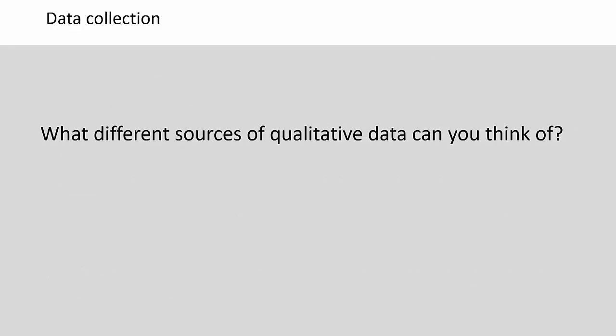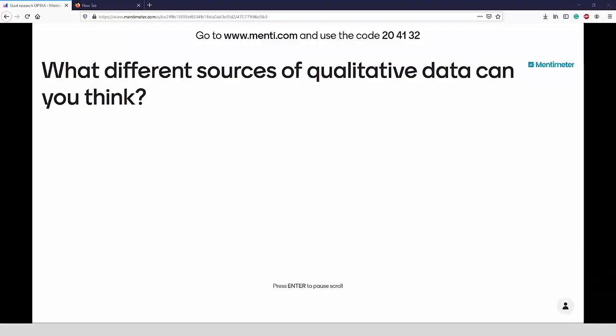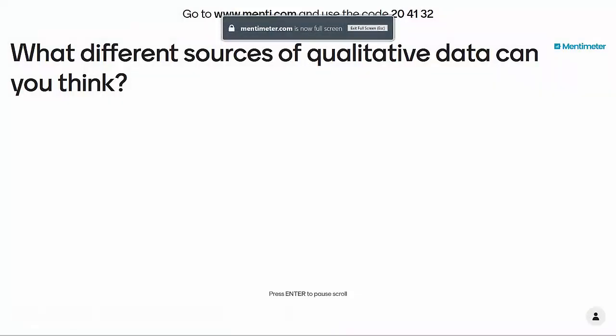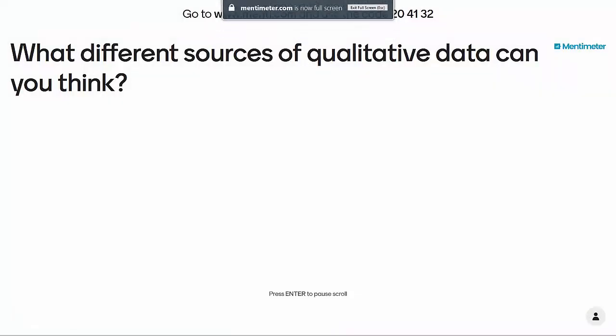Okay, back to Menti. So what different sources of qualitative data can you think of? So I'll bring up the Menti screen again, and let's see what you think are the different sources of qualitative data. Okay, we've said how to collect the data, so interview methods, ethnography, etc. But what do you think are the different sources of qualitative data?